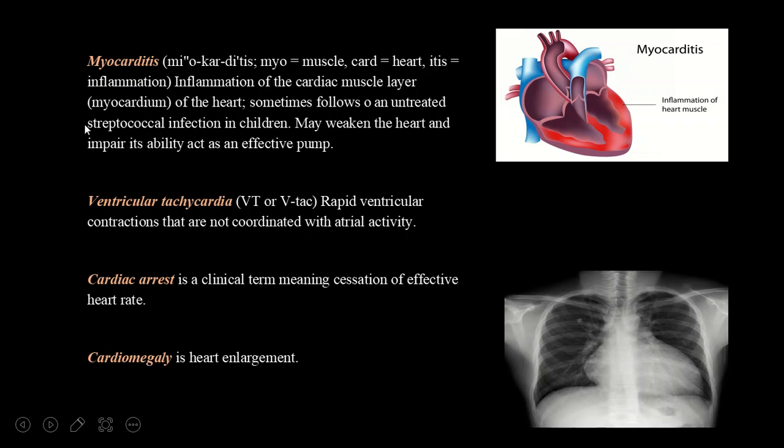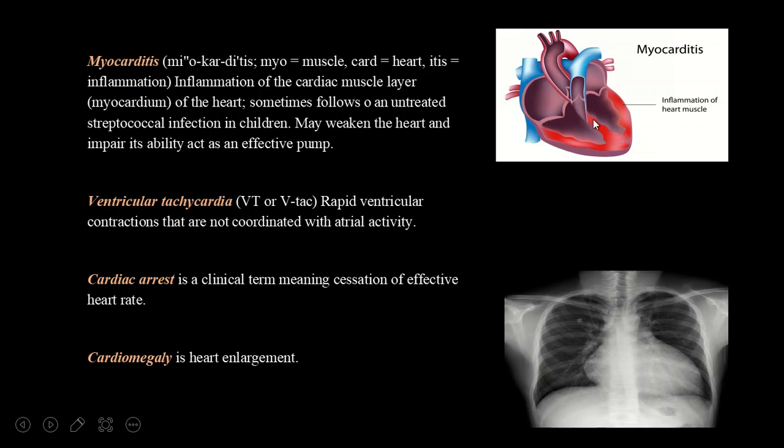So, this streptococcal infection, pwede yung streptococcal pneumoniae, pwedeng yun ang cause, yung streptococcal infection sa children causes myocarditis. So, this inflammation will weaken the heart and impair its ability to effectively pump.